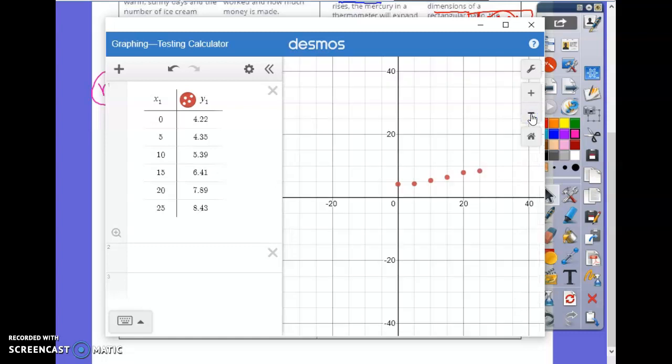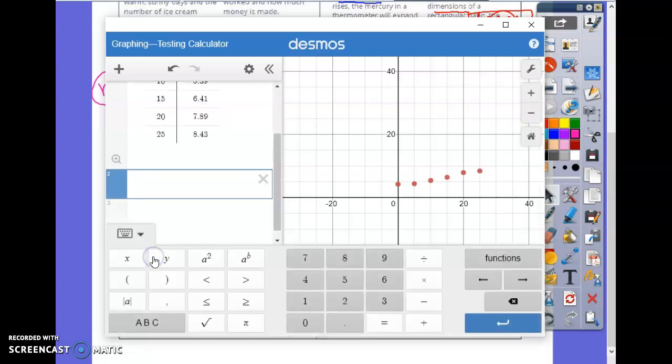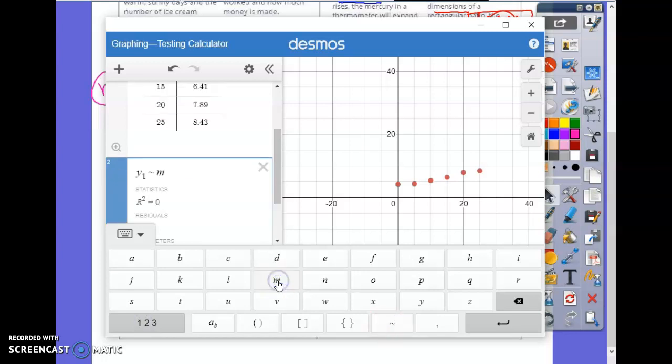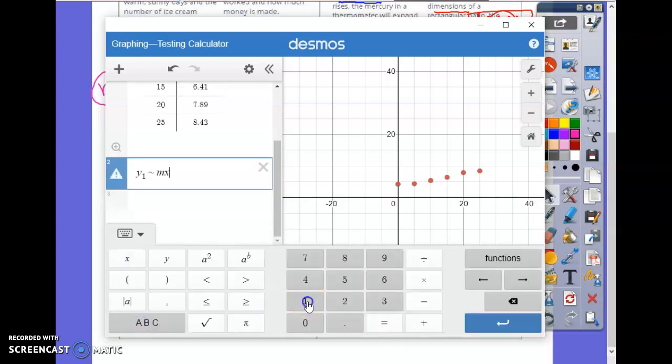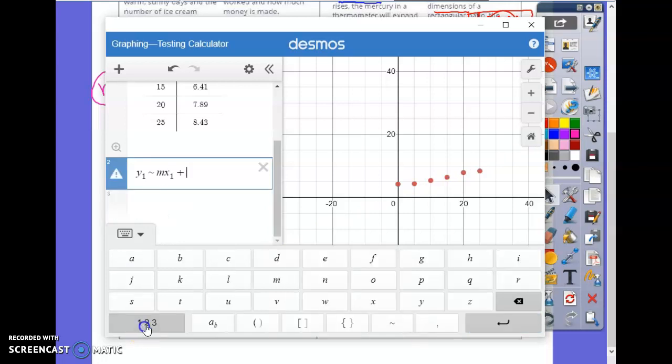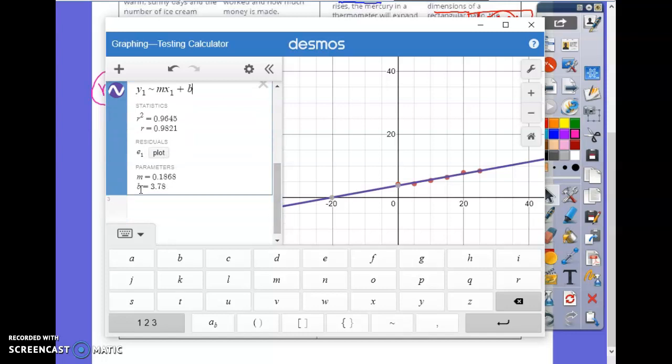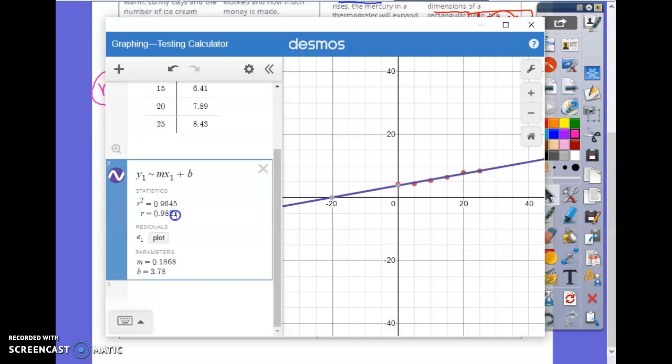Here's my correlation. So when I type my equation, y1 approximately mx1 plus b, it draws me a line that goes through the correlation and it gives me the equation. Okay? It also gives me the R. Does everybody see the R right here? This is the correlation coefficient, 0.98.